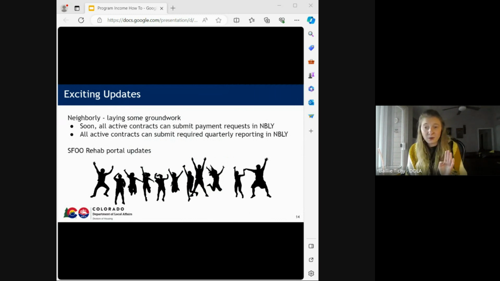And so we will not be having you all manage any sort of rehab portfolios in Neighborly in terms of that client loan situation. You'll still be able to submit pay requests and things like that. And then again, shopping around for the SFOO rehab business need, as well as that tracking program income business need and figuring out how we can satisfy all of that.